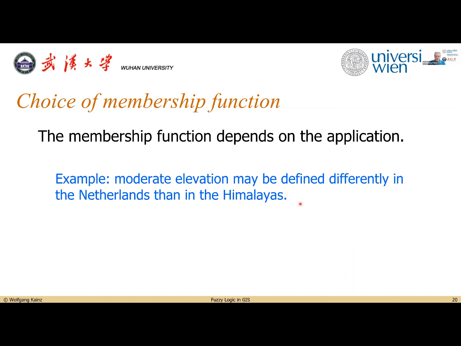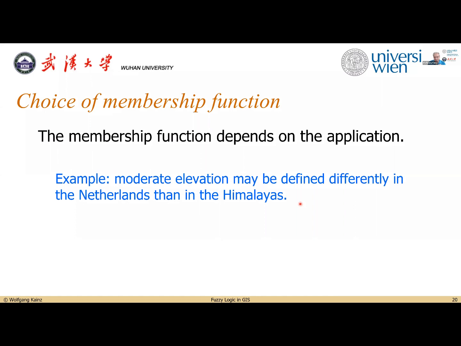But if we go to a different part of the world, let's say the Netherlands, where we have areas that are below sea level, and the highest mountain or hill in the Netherlands is just 300 meters of elevation, then we would define moderate elevation completely differently in that part of the world.